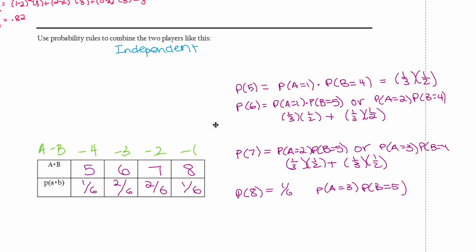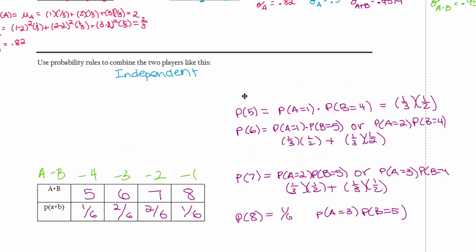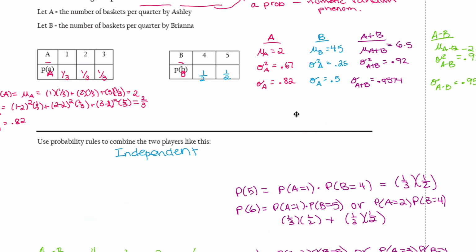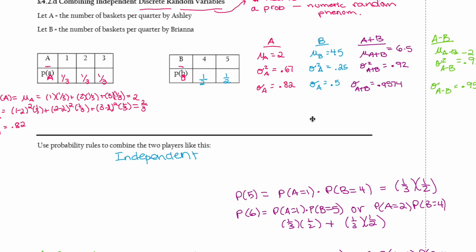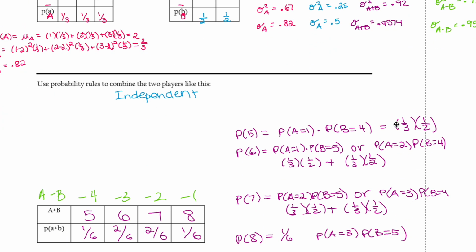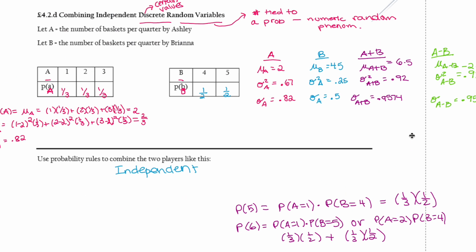So how are we going to find the probability of 5? Well, there's a calculation rule we can use, which is the probability of when Ashley gets 1 basket per quarter times the probability when Brianna gets 4 baskets per quarter, and multiplying them together, we get this value right here. And the probability of 6 is the same thing, probability of A equal to 1 times probability of B equal to 5. Or there's another combination right here.